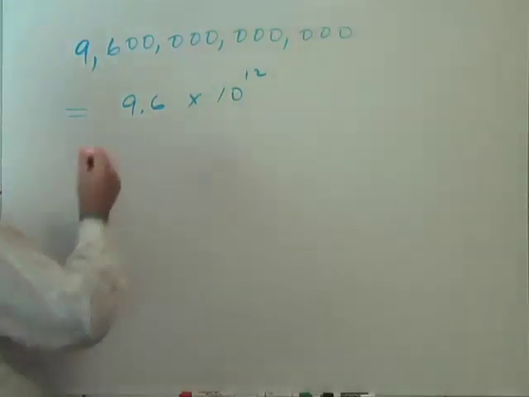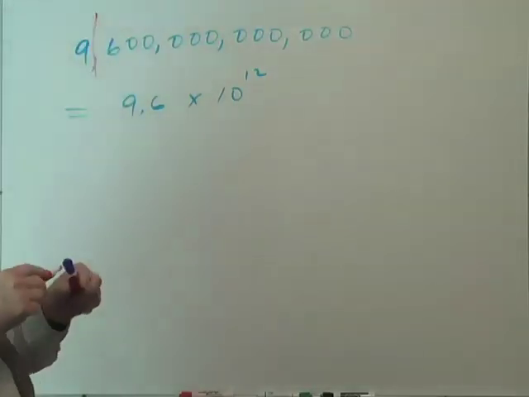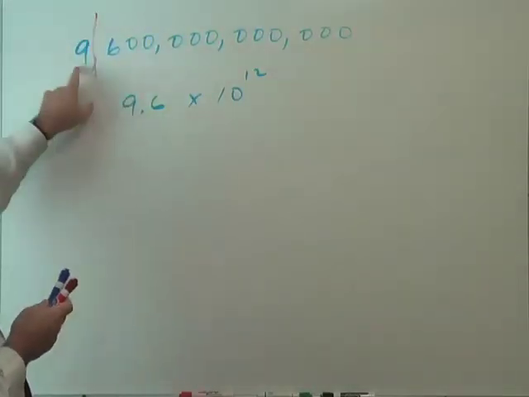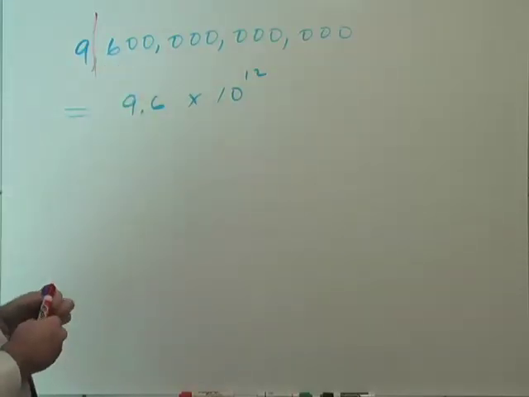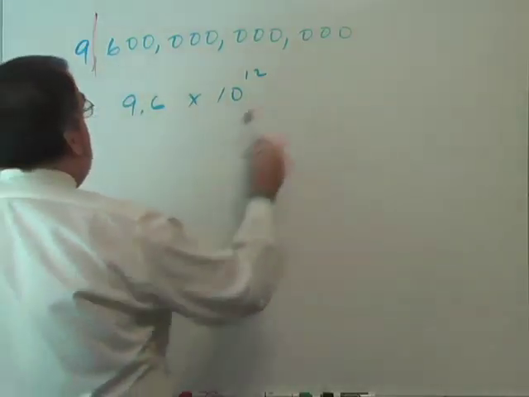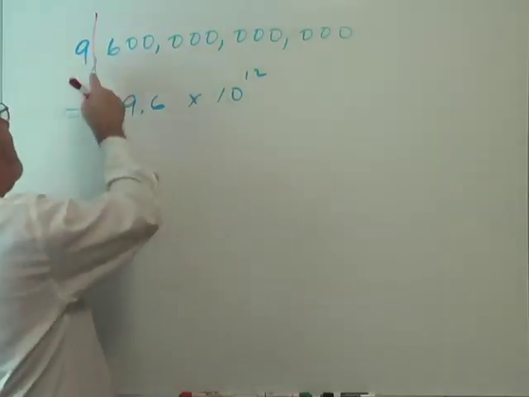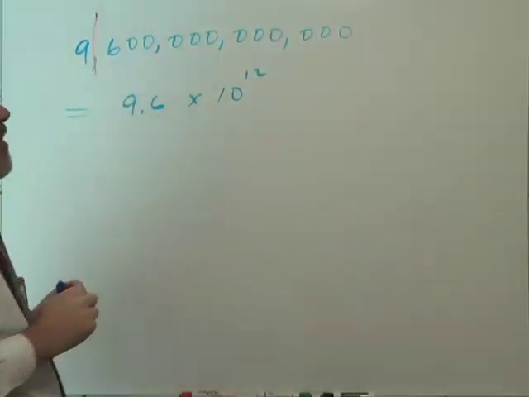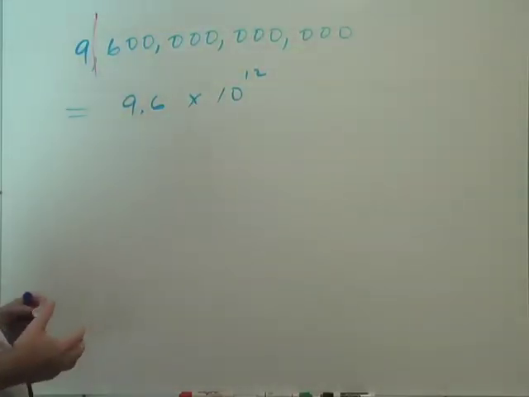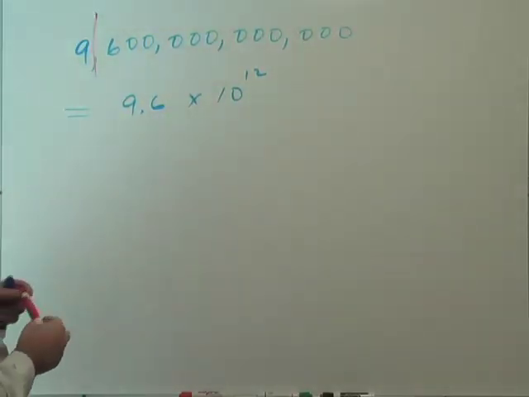But always one digit. And so my cutoff is here at the 9, and so it makes it 9.6. And the 12 comes from the number of places after this cutoff. So there are 3, 6, 9, 12 places. That's 9.6 times 10 to the 12th power.